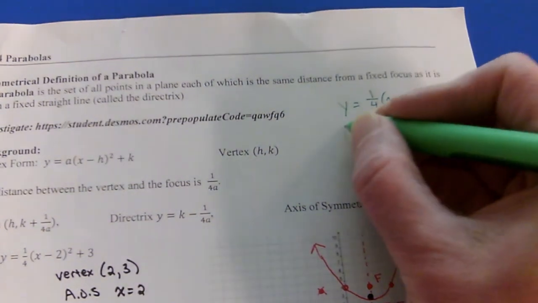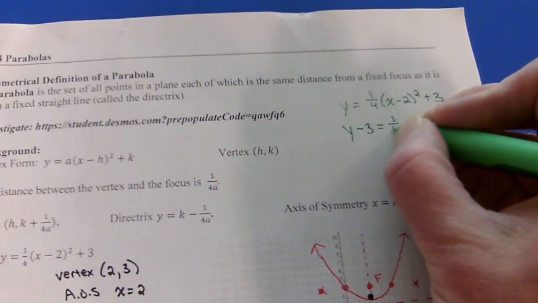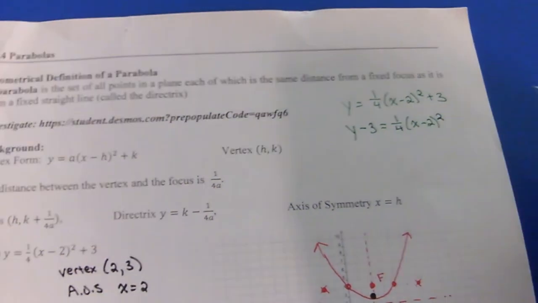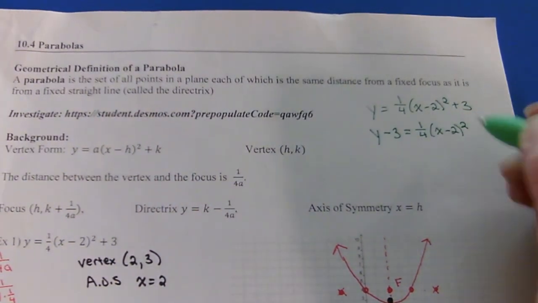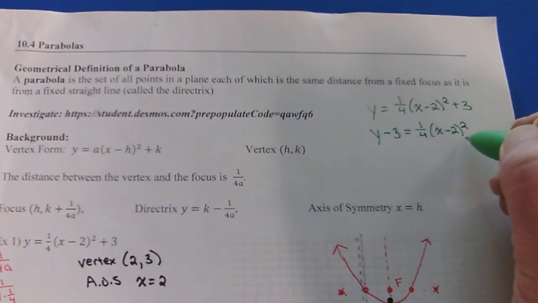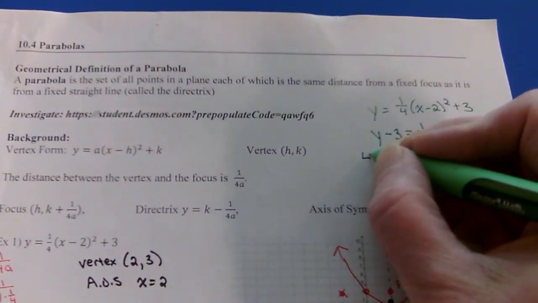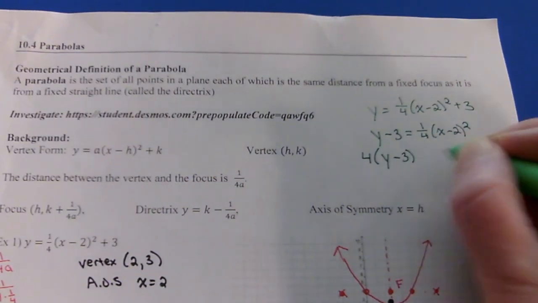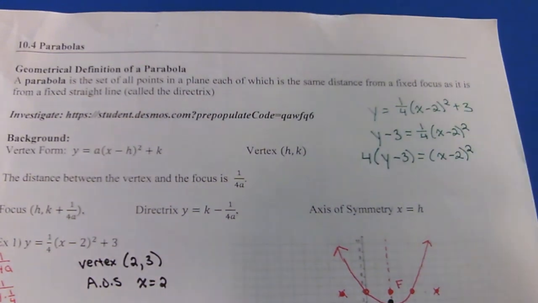If I subtract the 3, I'm going to get y minus 3 equals 1/4 (x minus 2) squared. I'm going to do something really weird, and I'm going to get rid of whatever's in front of the something squared. So I'm going to multiply both sides by 4. So this is going to be 4(y minus 3) equals (x minus 2) squared.